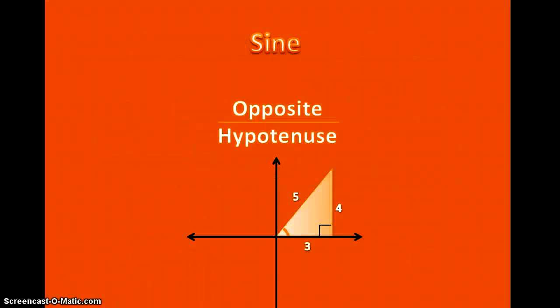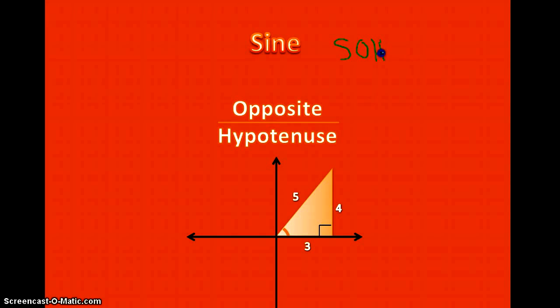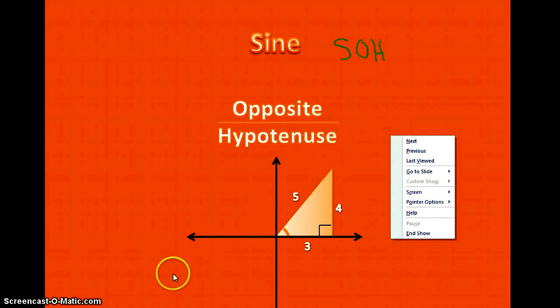So let's try to do a sine problem together. This is our triangle, and we know that sine, or SOH, equals opposite over hypotenuse.